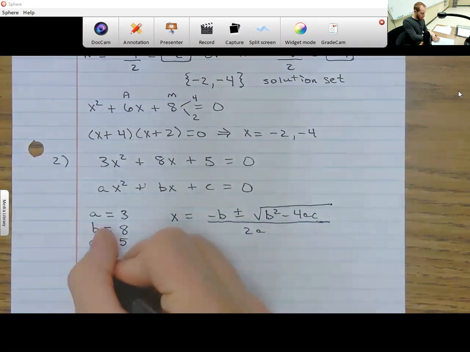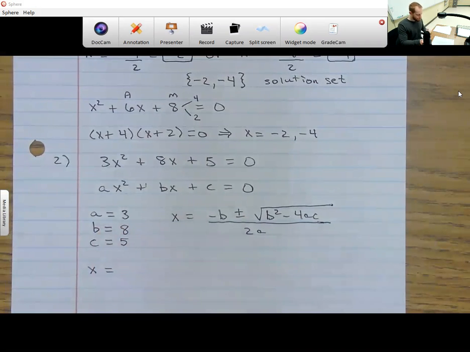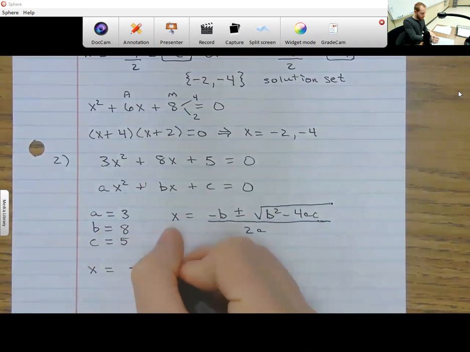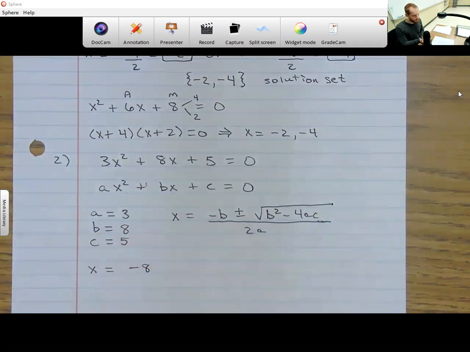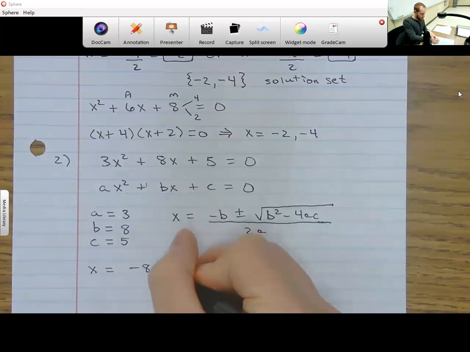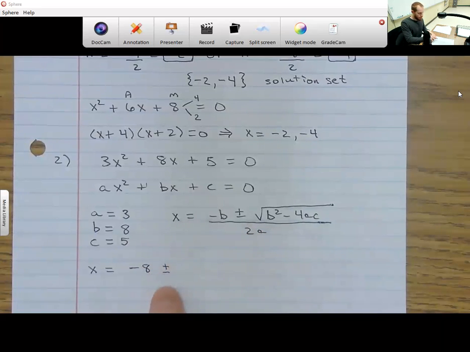So I'm going to have x equals negative b. Well, I just take b and I make it negative, right? I switch the sign on it. So instead of a positive 8, I'm going to have a negative 8. Right? We always start off with a negative b. And then we do a plus or minus. That's going to give us our two solutions in the end.